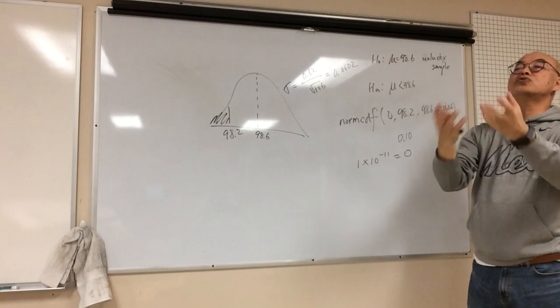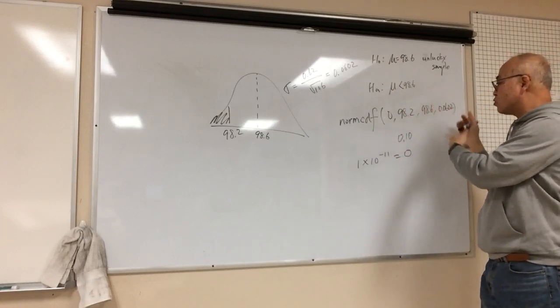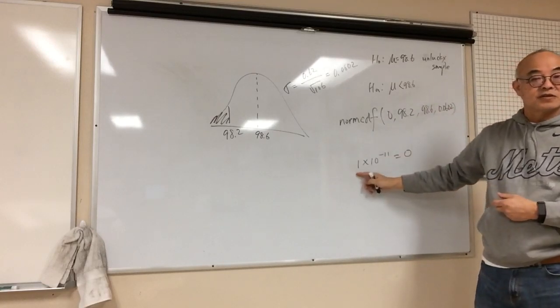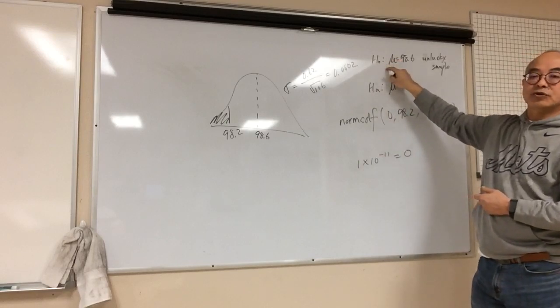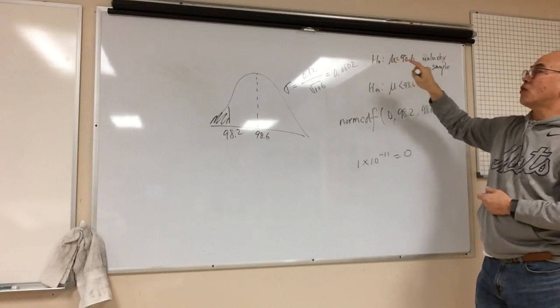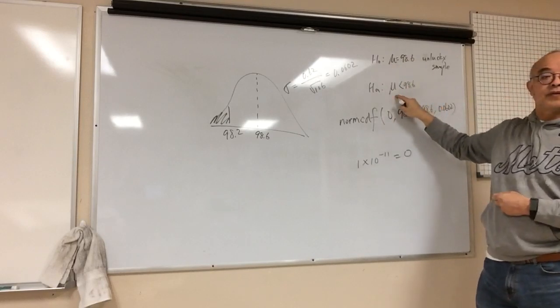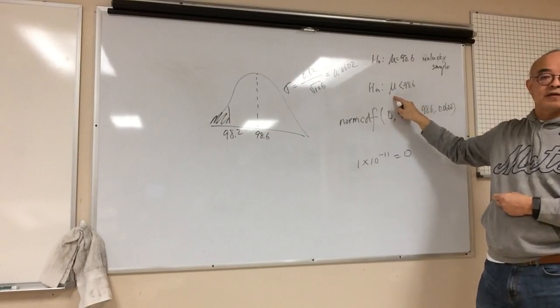But we're going to assume it's correct and say, oh hey, look, I did this, and guess what? I got something that's really, really significant. Therefore, this is not true. Therefore, I reject this, and I have significant evidence that this is true. Do you see the logic there?